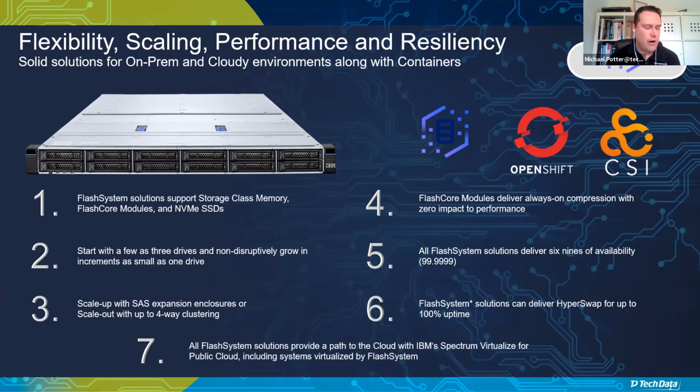I'm part of some of our cloud discussions with our partners. I'm part of our multi-cloud project here at Tech Data. And we have a survey out to a lot of our partners. And we're seeing that over 50 to 60% of our partners and customers are actively exploring what to do with containers. Some of them are there, some of them aren't, but a lot of them are checking it out. So to have this capability built into this box is superb.